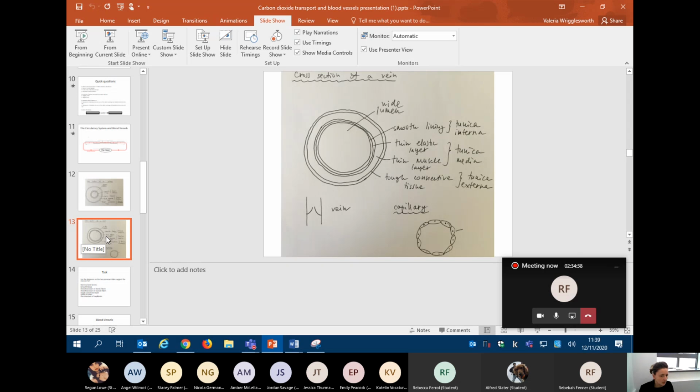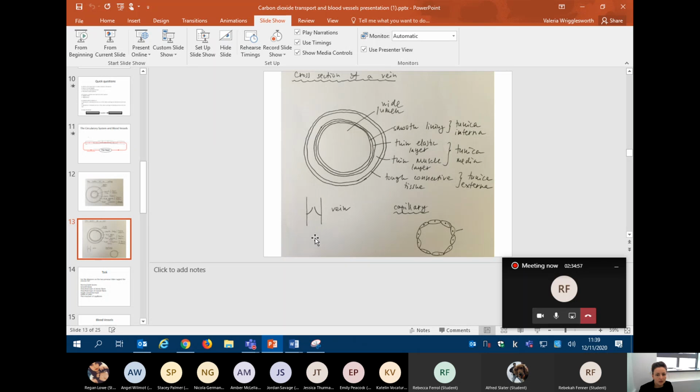All right, good. So back to class, let's talk about valves. Why do we need valves in veins? Okay, Steph, you had a suggestion. They take blood back up to the heart. Right. They need the valves to stop the blood from falling back down, defying gravity, if you like. Exactly.